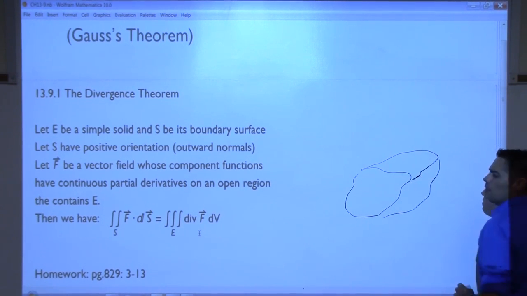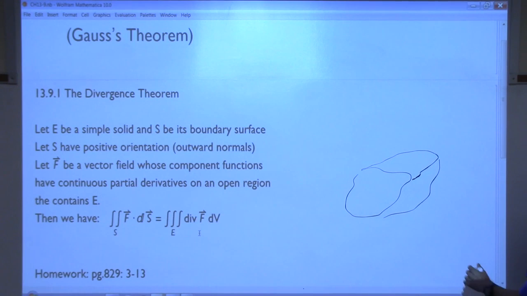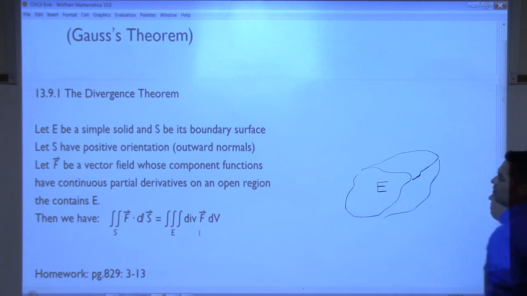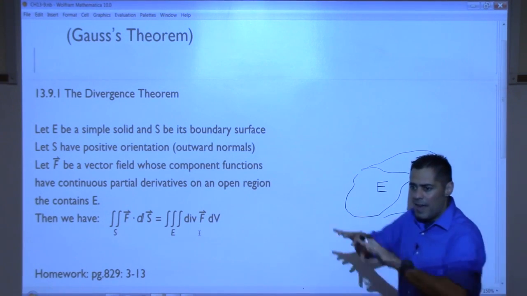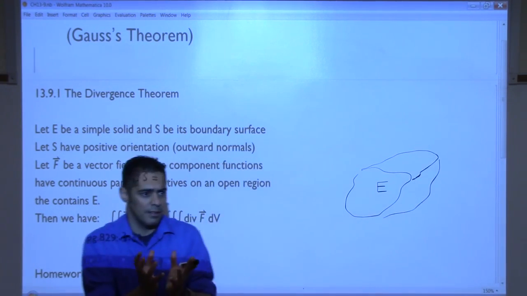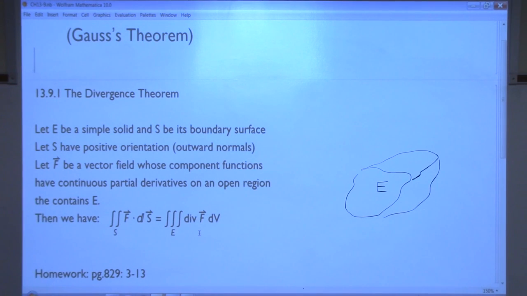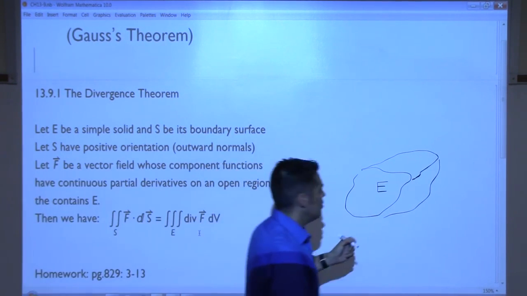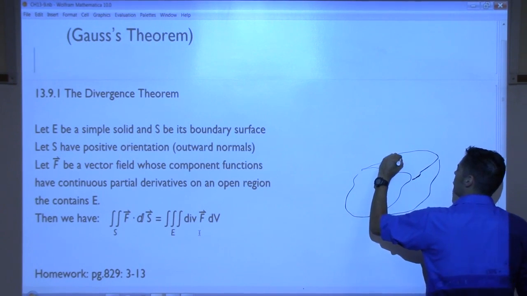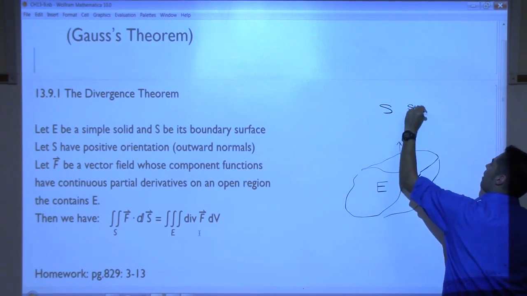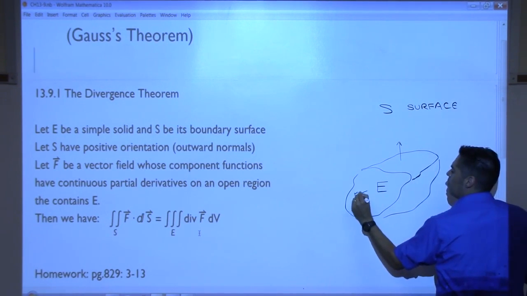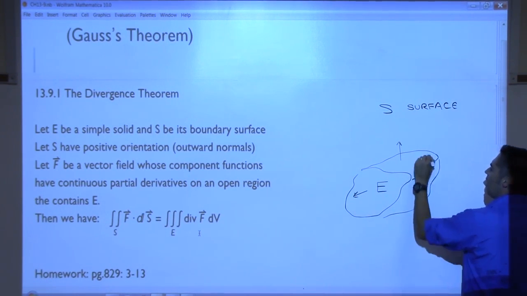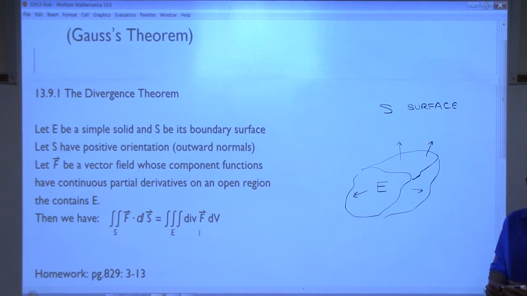We're going to call this E, and let S be its boundary surface. So S encloses this entire solid. Let S have positive orientation, meaning the normal vectors on S point out away from the solid.